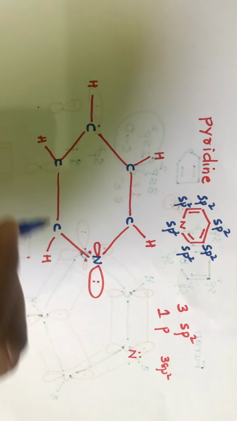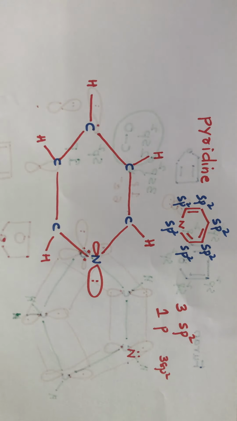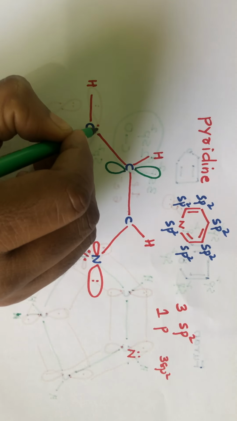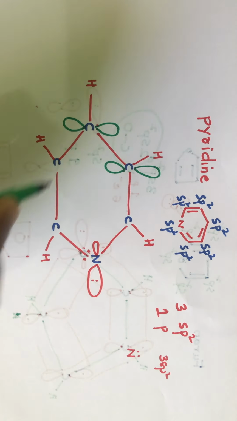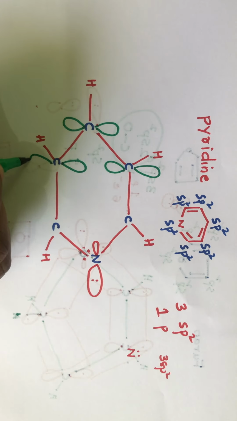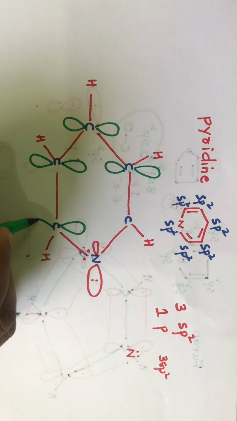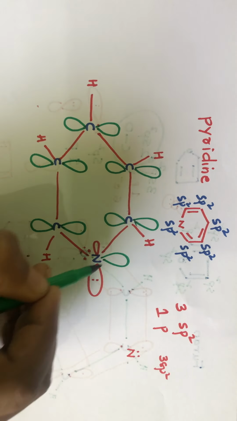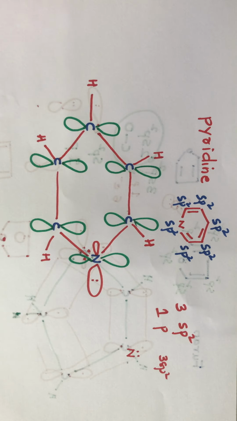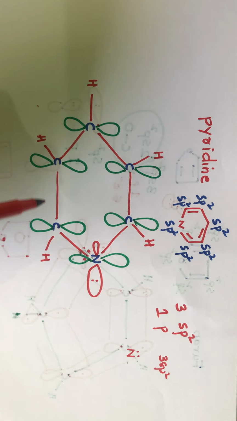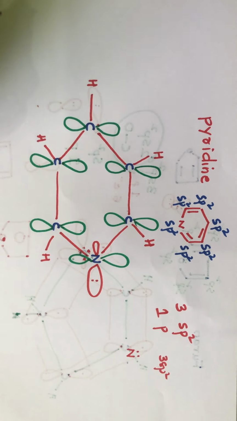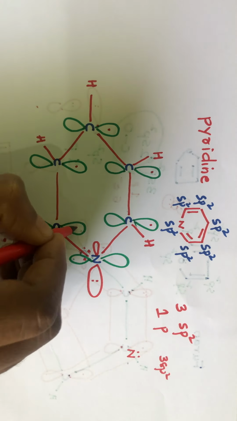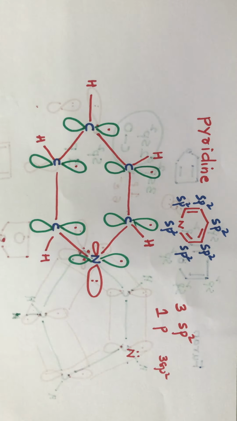Now each atom contains one unhybrid p orbital. So let us see the unhybrid p orbitals: one, two, three, four, five, and the sixth. All these are in one plane, so they participate in delocalization. Each p orbital contains one electron.